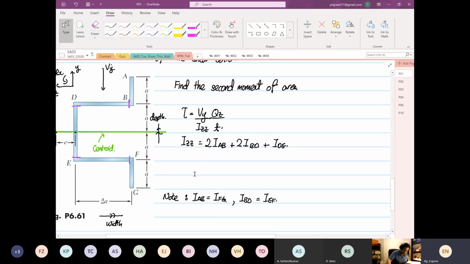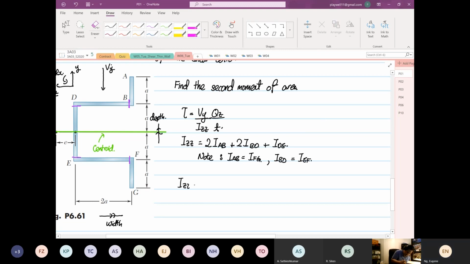So from here we're going to find IZZ, and I put the note down here. IZZ is twice IAB.